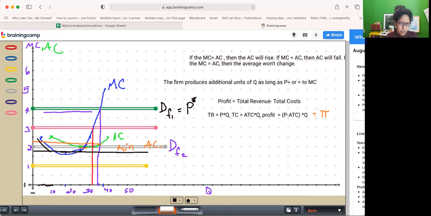In the long run, of course, you want to cover your average total cost. But here you need to decide: you're literally paying a bunch of people, and on average, their productivity is not enough to cover the cost based on what the market is allowing you to charge. And remember, you don't have any control of the price if you're a firm in a competitive market.